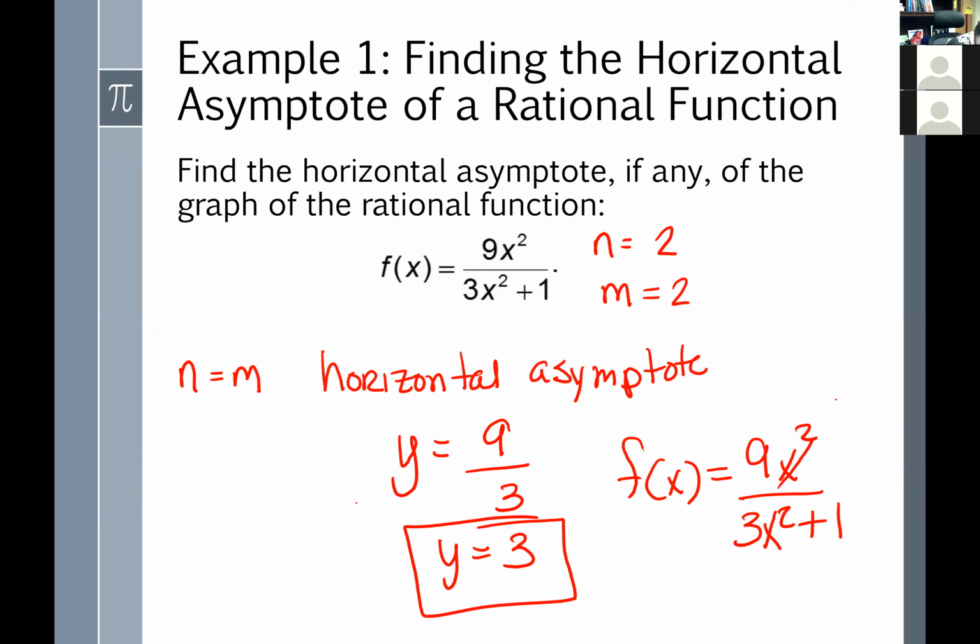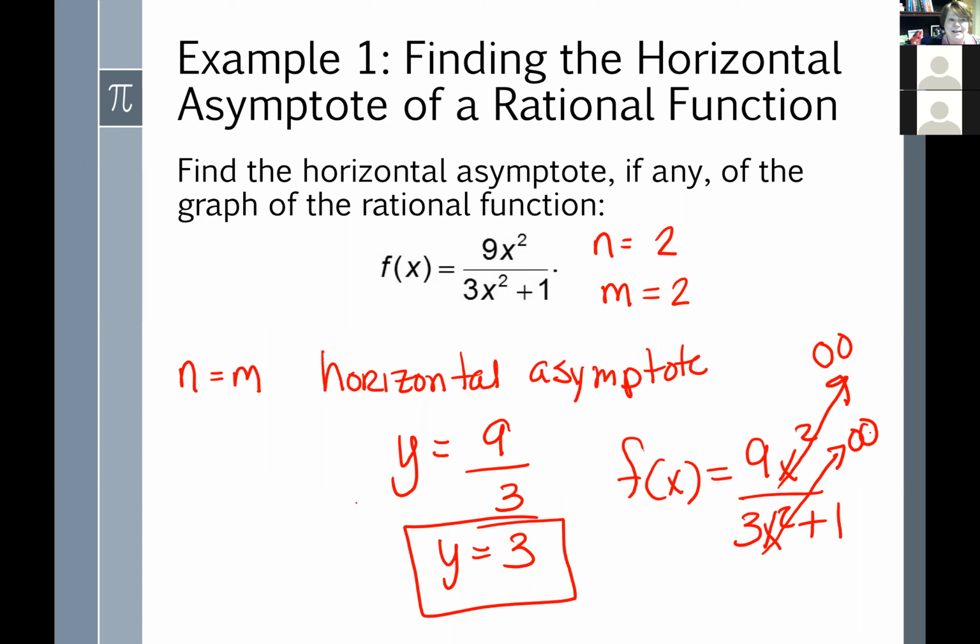Well, the numerator gets infinitely large. It gets infinitely large, 9 times some really, really big number. And what happens in the denominator? As x gets larger and larger, who cares about the plus 1?